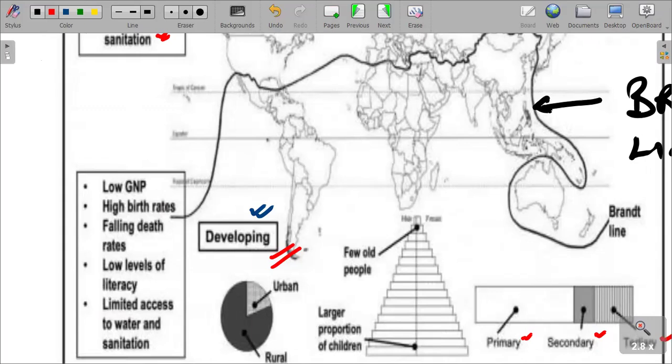So the south, obviously we are talking about the southern hemisphere here. When we say the south, it is explaining the developing countries. As you can see, the bracket line identifies this. In developing countries, we have got low gross national product, high birth rates, and falling death rates, because of some scientific improvement in health services and research, and low literacy rate.